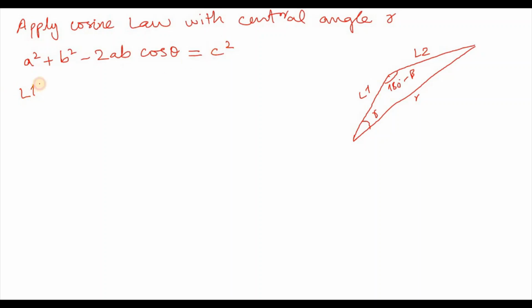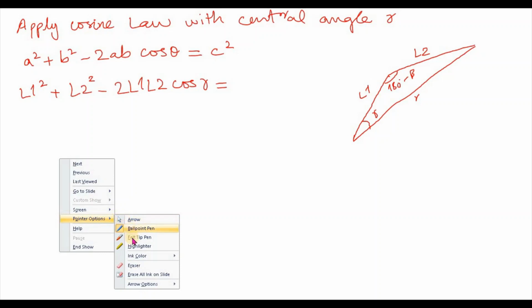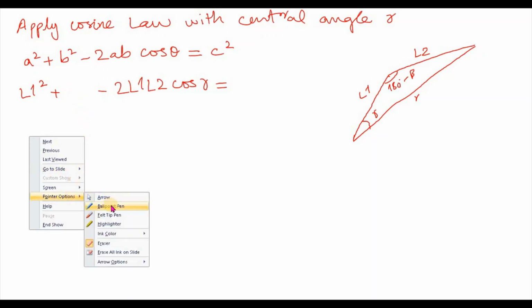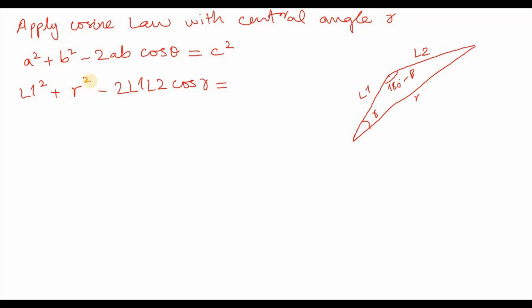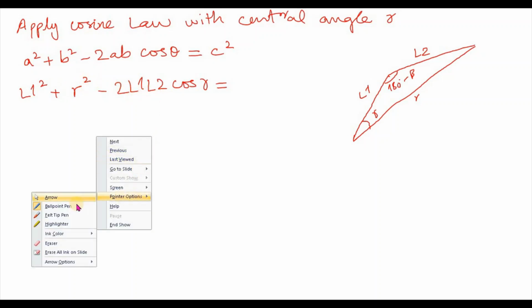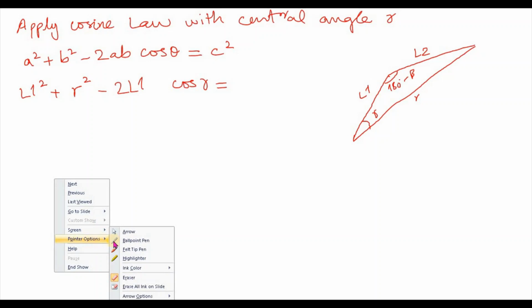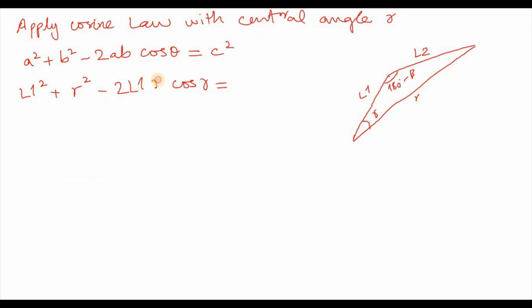So L1 square plus L2 square minus 2 L1 L2 cosine of gamma is equal to... no, sorry, here it will be R. So R square minus 2 L1 into R.